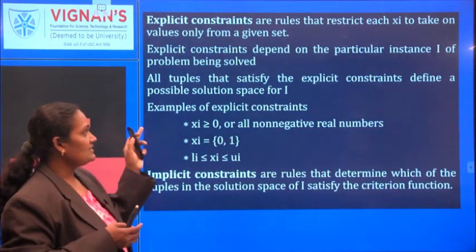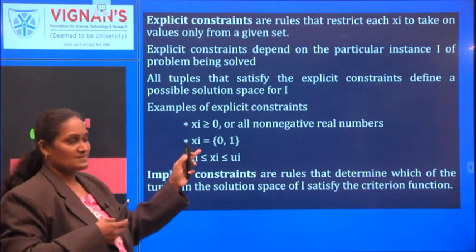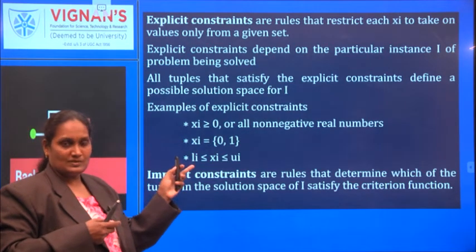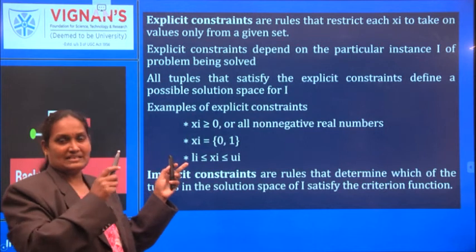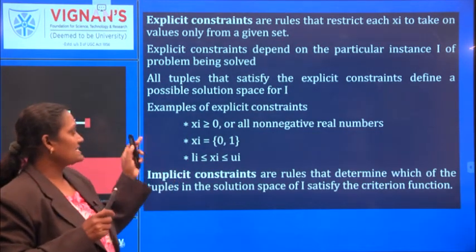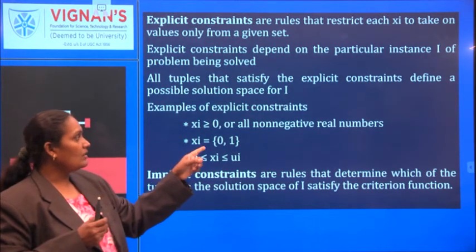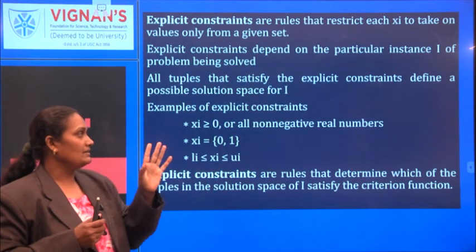Now, all tuples that satisfy the explicit constraints define a possible solution space for I. All the tuples which satisfy the explicit constraints are only considered into the solution. For example, xi greater than or equal to 0 means all non-negative real numbers.